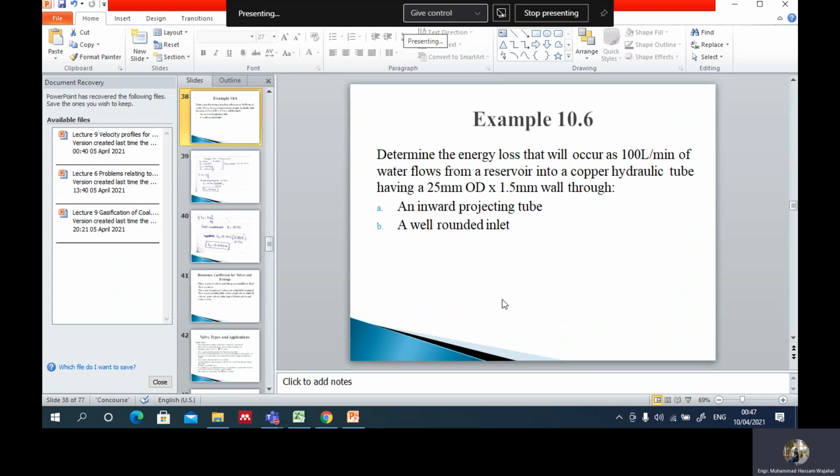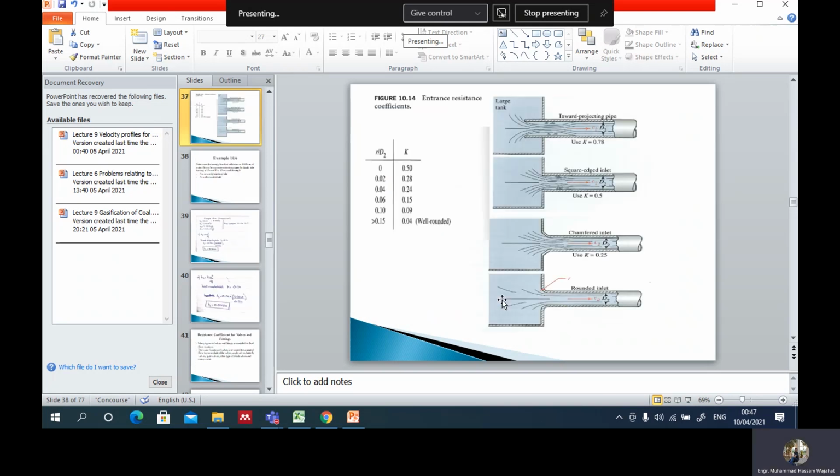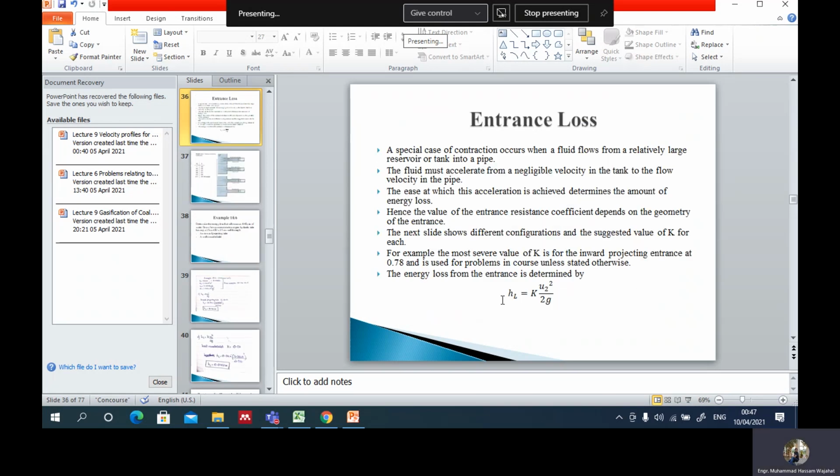If you're totally blank, you don't know which velocity to take, always it is the velocity of the smaller pipe. In the case of enlargement and exit loss, the smaller pipe goes to a larger pipe or to a large reservoir. You incorporate U1.